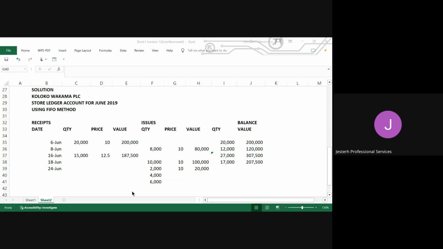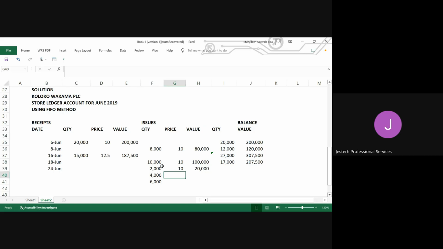Now, what are we going to do? Very simple. Remember, on the 16th, we purchased 15,000 at the rate of 12 naira 50 kobo. After we have exhausted the one we purchased earlier, what is remaining in our store now is the one we purchased on the 16th of June, which is 15,000 units of this product at the rate of this, with value of this.